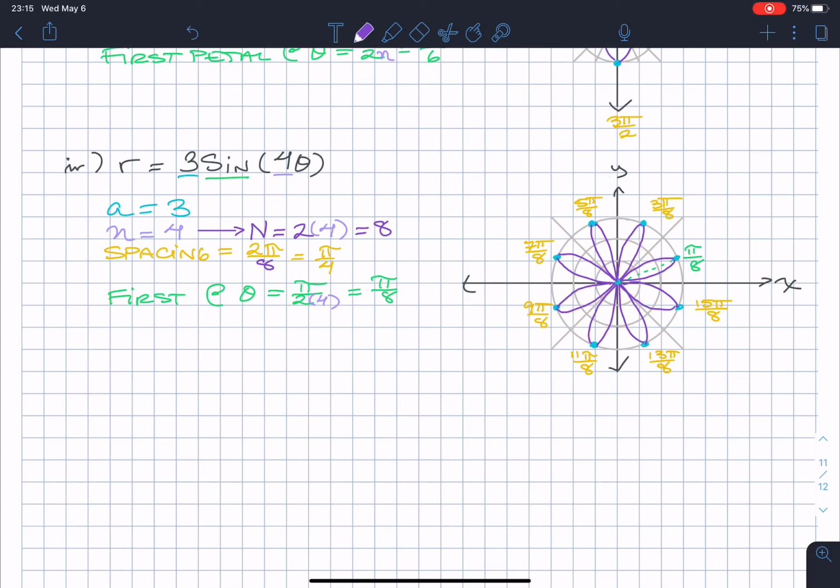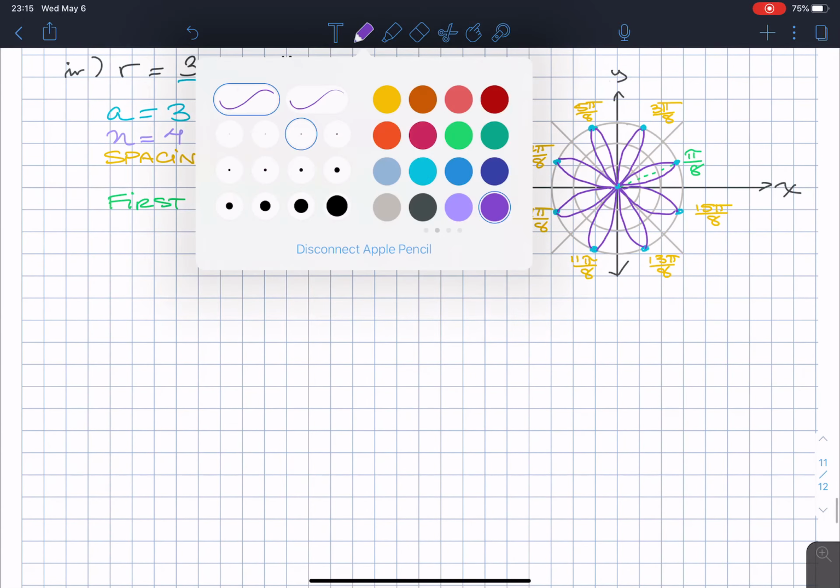Okay, that's good enough for government work. Okay, so that one looks pretty. I actually like that one.